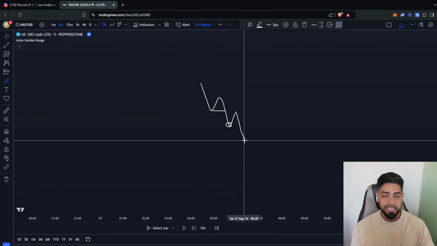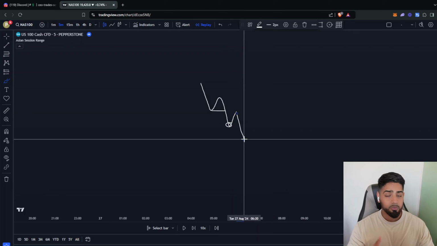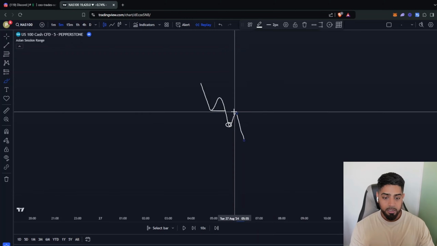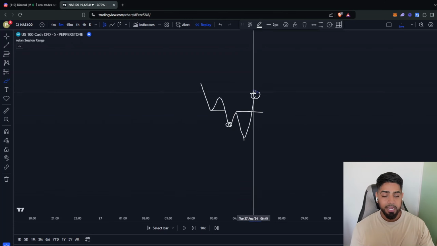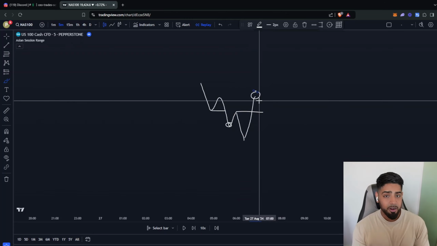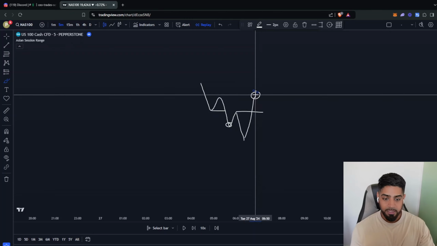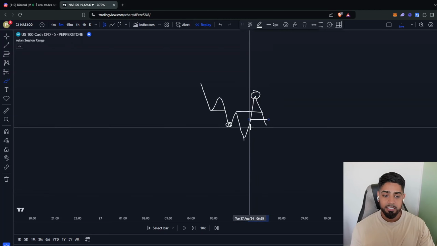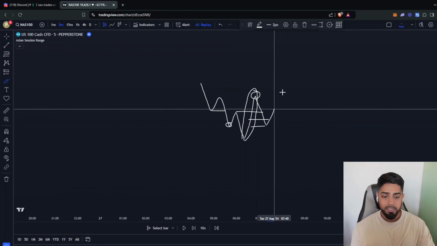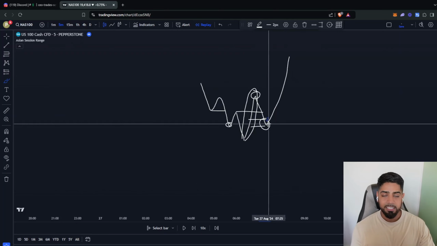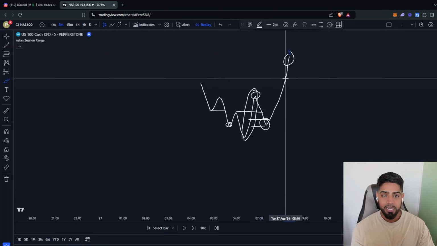Now in order for us to get a market structure shift, we want to see the previous lower high get broken for price to put in a brand new higher high. This means the market has shifted from a bearish structure perspective to a bullish structure perspective. That means we can then look for an entry somewhere within this leg of price that gave us the market structure shift, and then we're going to take our entry at the higher low and ride it to the next higher high.